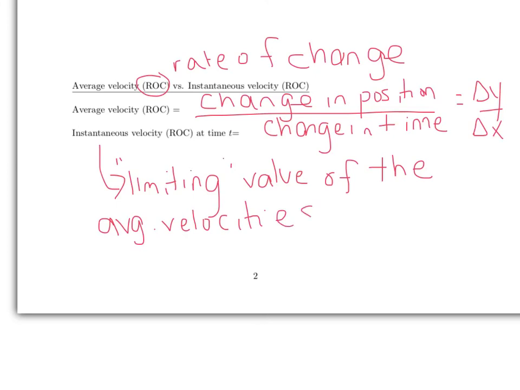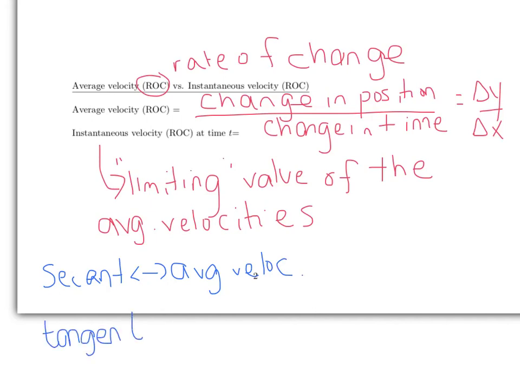In other words, the secant line and the average velocity are pretty much the same thing. The average velocity is the application way to think about it. And then tangent lines, which you're going to approximate from secants, are the things that give you the instantaneous velocity.